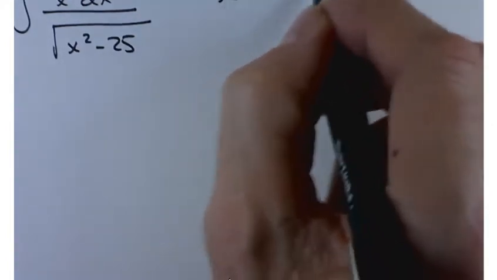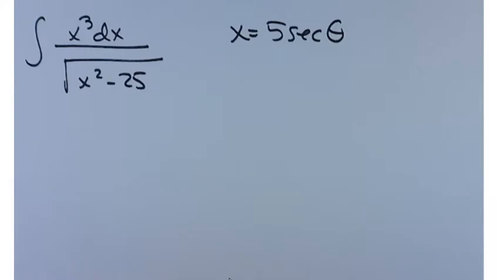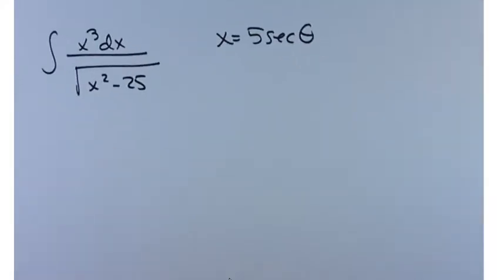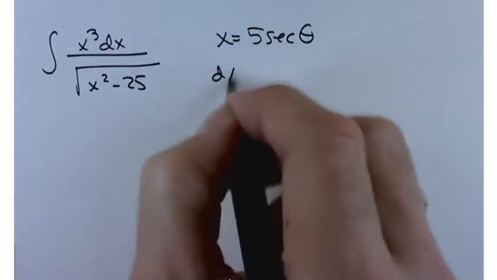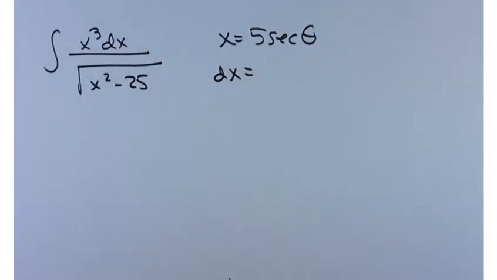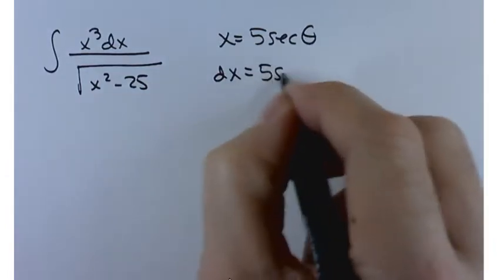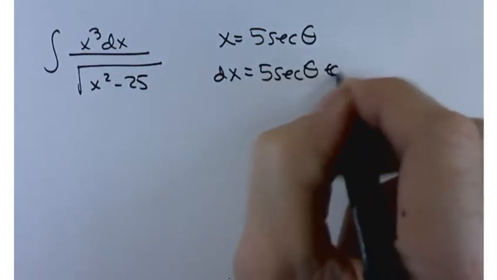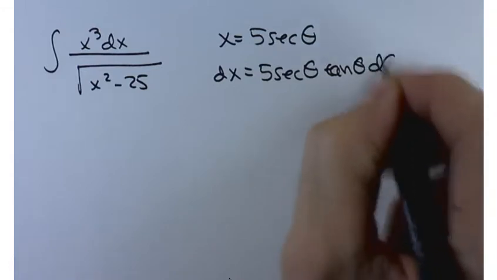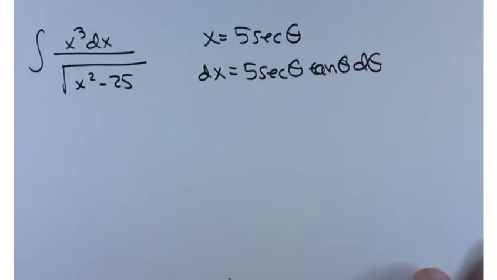Let's let the magic begin. Let's start with dx. What would dx equal? What's the derivative of secant? Secant tangent. Good. So 5 secant theta, tangent of theta, d theta. All right. Looks good. Let's also draw our triangle here.